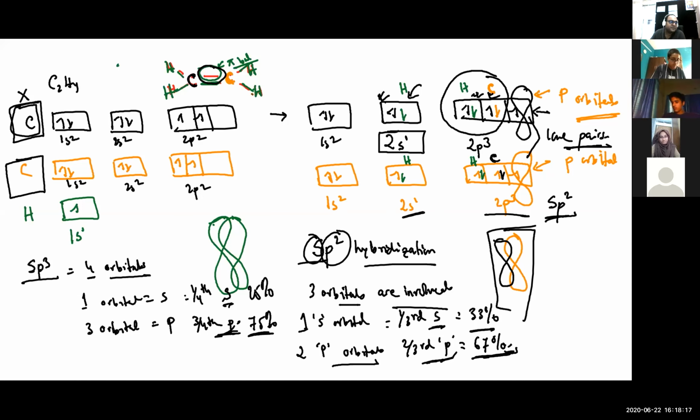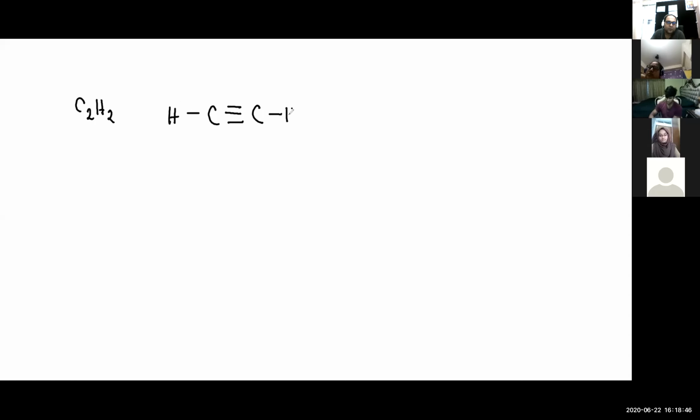Next question please. Can you show an example of a triple bond? Sure. Triple bond. So I won't do the lengthy process, I'll have a shortcut.